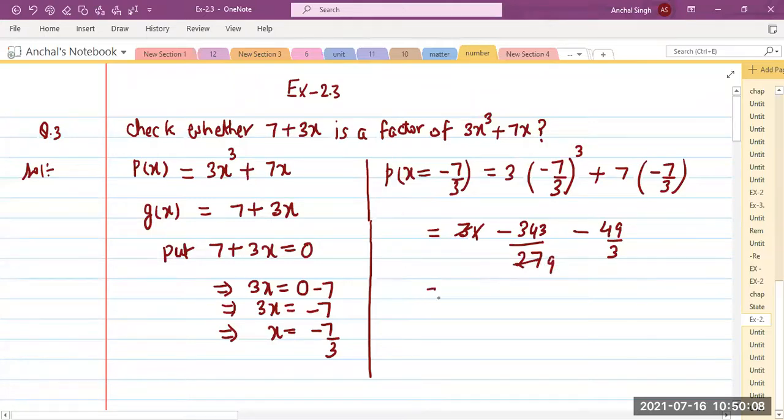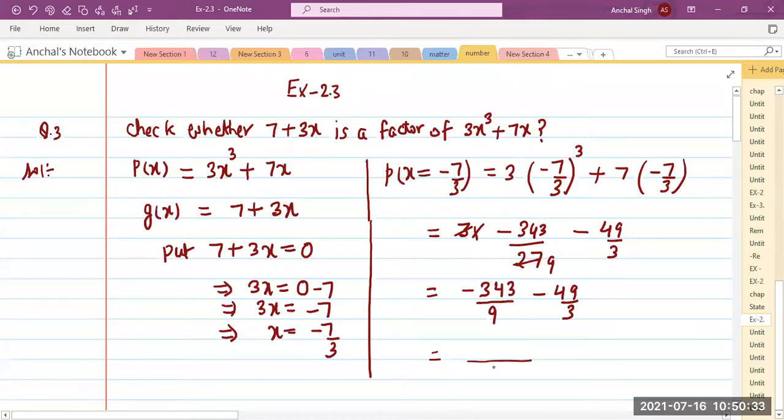So this is equal to minus 343 upon 9 minus 49 upon 3. Correct. Now after this, LCM will be how much? LCM will be 9.